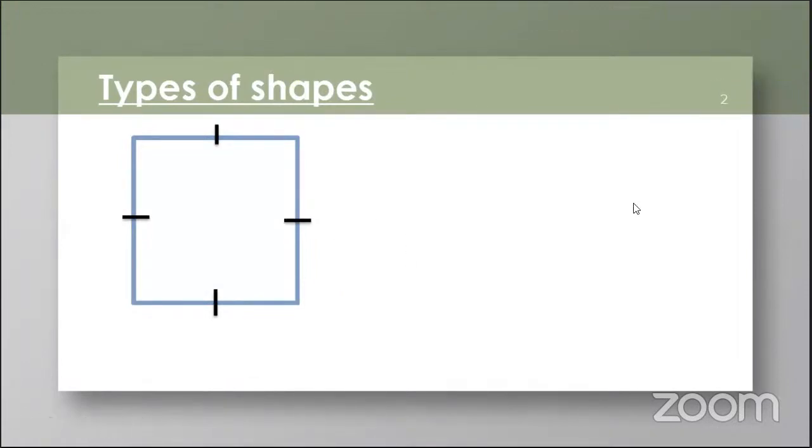So my question is, yes, we know that this one is a square, but how did you know that this is a square? That's my question. What did you look at?